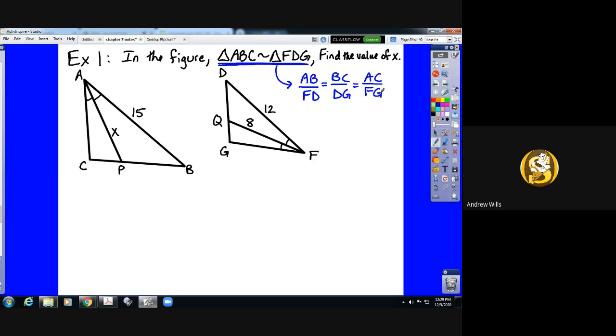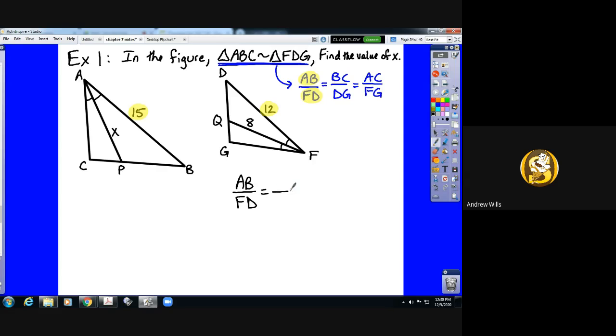Now, if we look at that, we don't need that much of that proportion, because the only numbers we know that fit that proportion are AB and FD. But remember that all 3 of these fractions are equal to each other. So what we do is we're going to set up a proportion, but that proportion will only consist of one set of sides, which is the set of sides that we know, AB over FD.